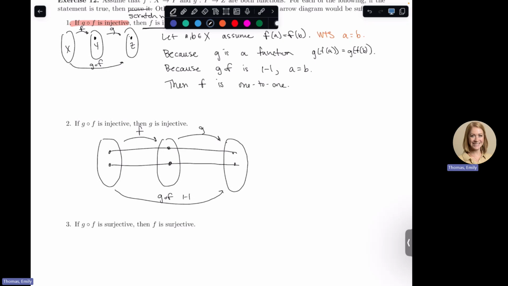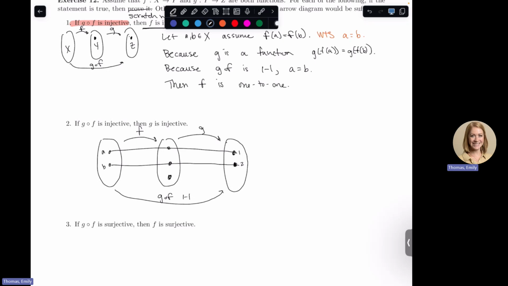Is there a way to do something so that g does not also have to be injective, but the composition overall still would be? So like this a and this b still go to 1 and 2, say. Is there something that we could do to the function g to make it not 1 to 1?